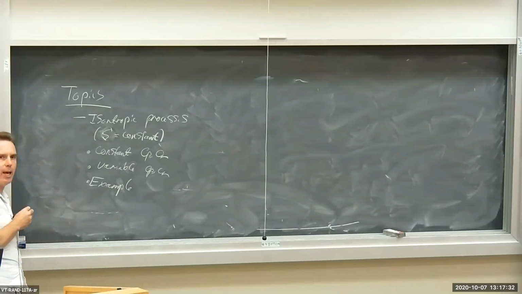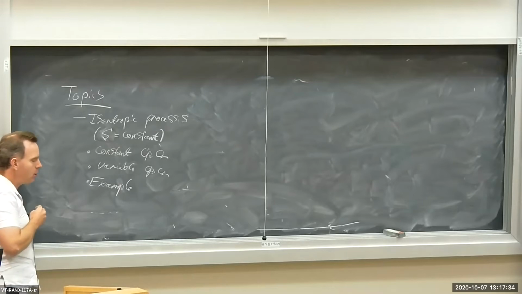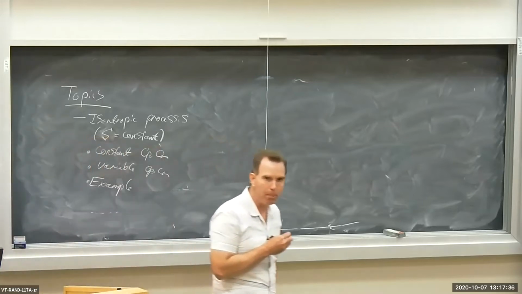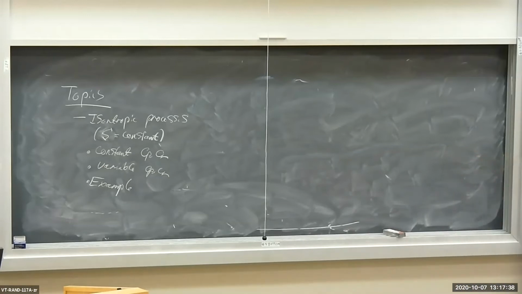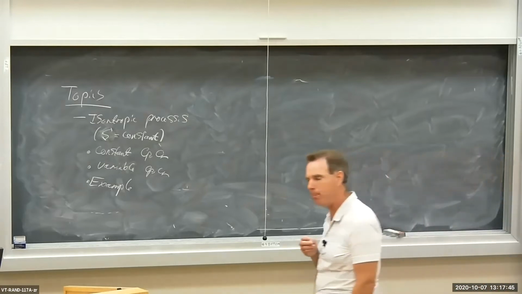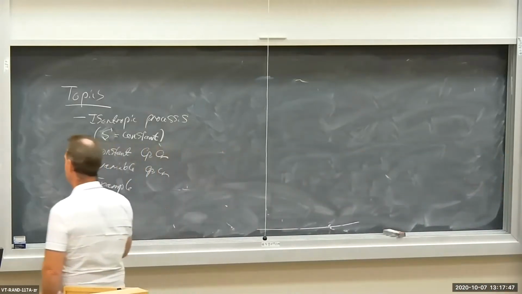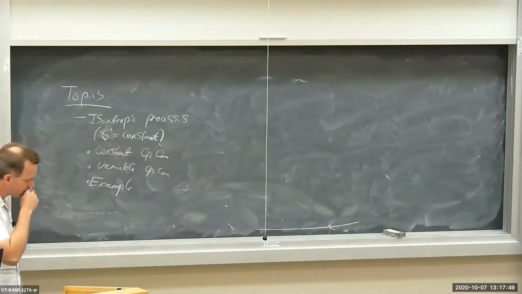And then we'll do an example today, okay? So we're going to derive some isentropic property relationships, how temperature, pressure, specific volume are all related when the process is isentropic, entropy doesn't change or is constant, okay?